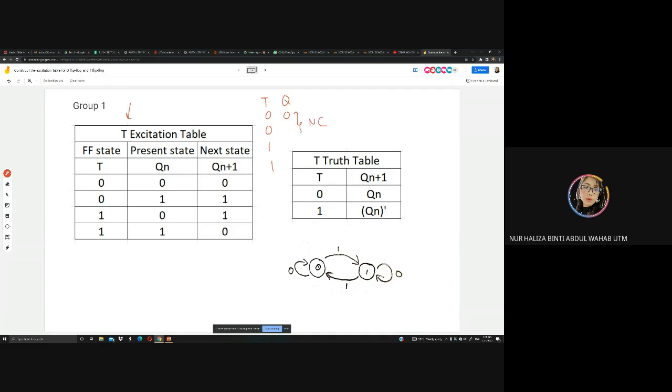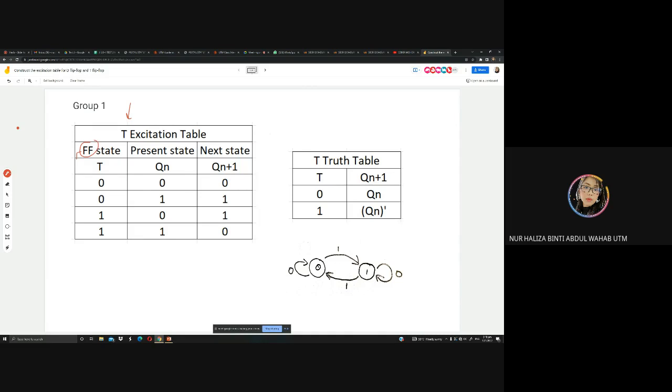If you have 0 to 1, you have a change. If your previous Q is similar to your next Q, it is no change, so your T will be 0. And if you have toggles, that means your T is 1, isn't it? For your FF, if you still remember.